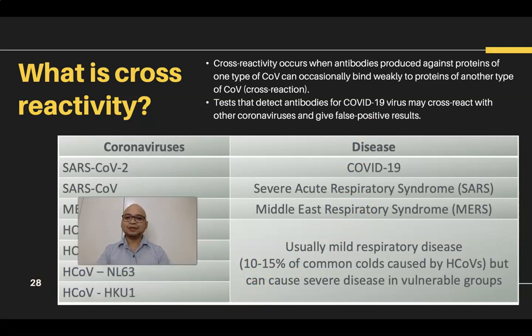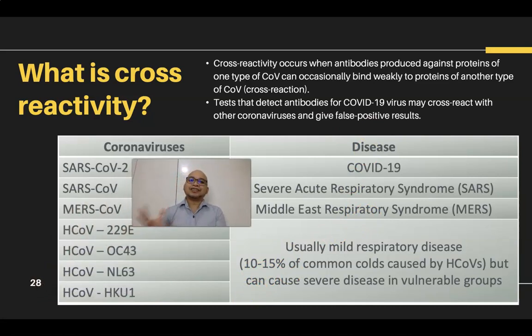Okay, so what do you mean by cross-reactivity? Cross-reactivity occurs when antibodies produced against proteins of one type of coronavirus can occasionally bind weakly to proteins of another type of coronavirus, or cross-react.